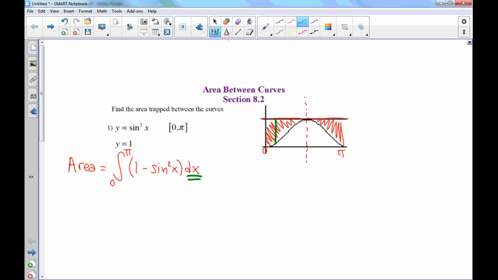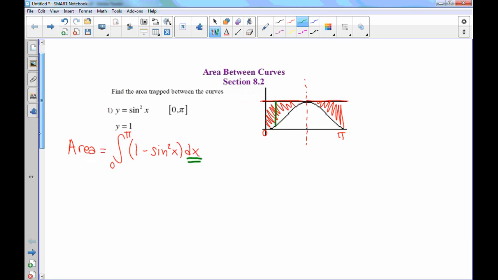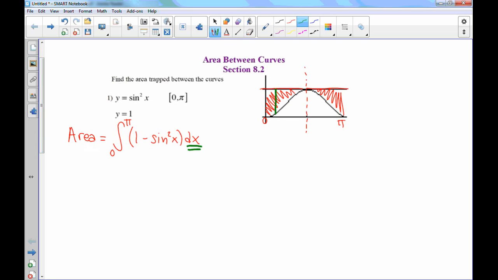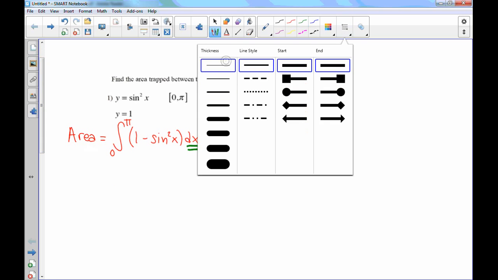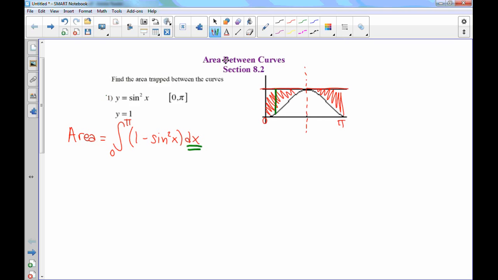So we're doing vertical rectangles, integrating with respect to x. And it's an infinite number of rectangles being added together. So when we integrate 1, we get x.